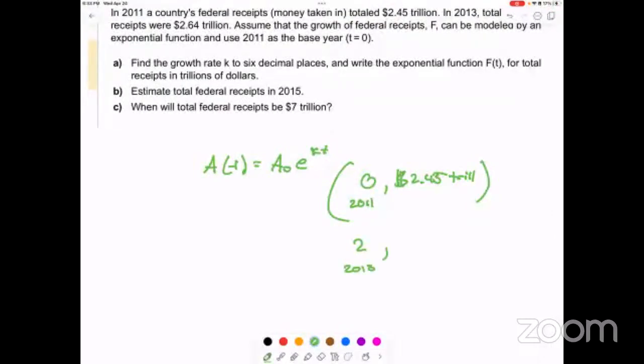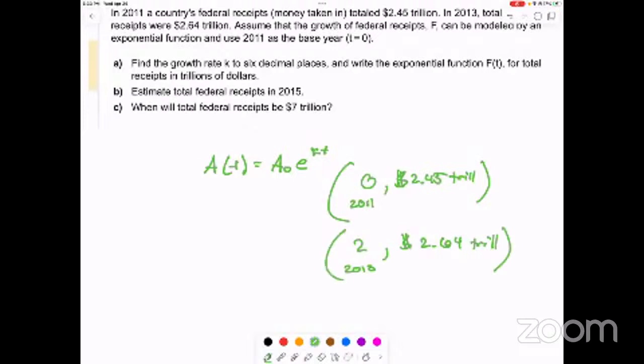The money taken in was 2.64 trillion. This is in trillions. F of t, so we want the federal receipts based on time, right?